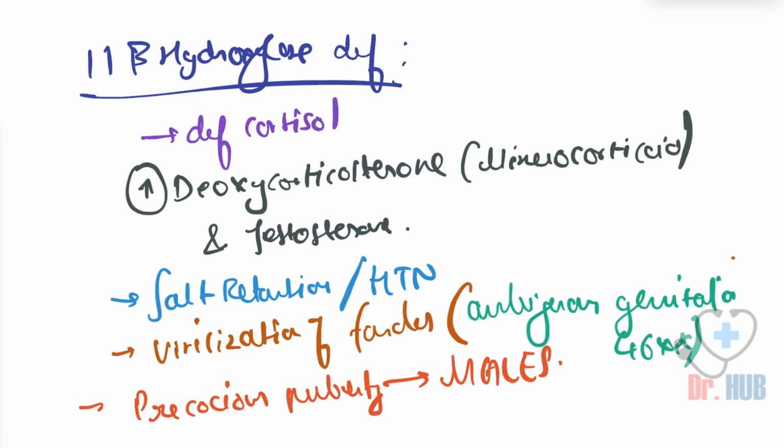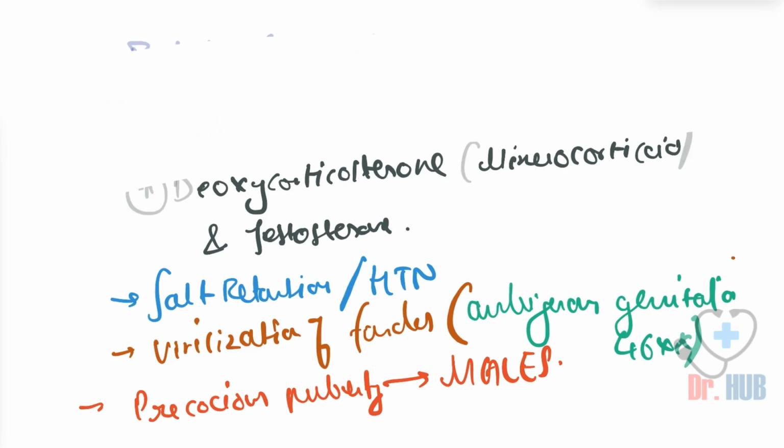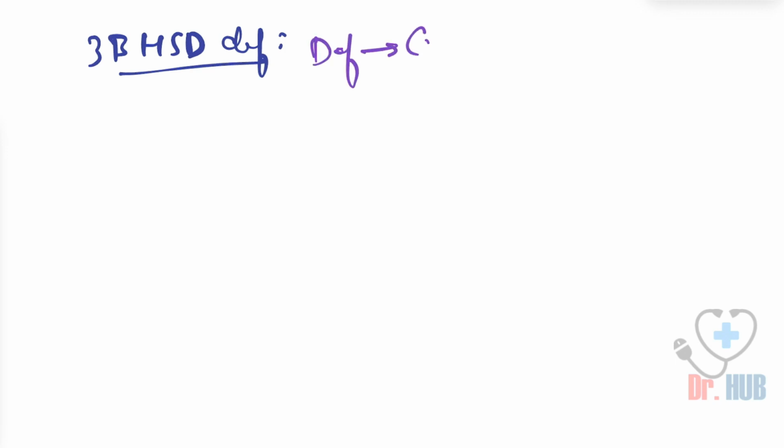Now we will look at the 3 beta HSD deficiency. So this is nothing but the deficiency of the cortisol. Then there is also the aldosterone.